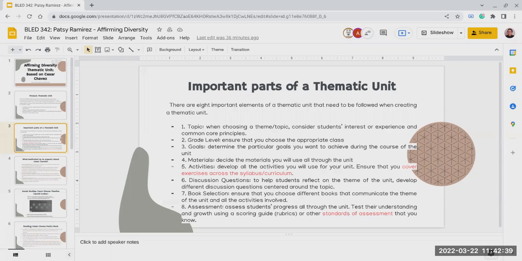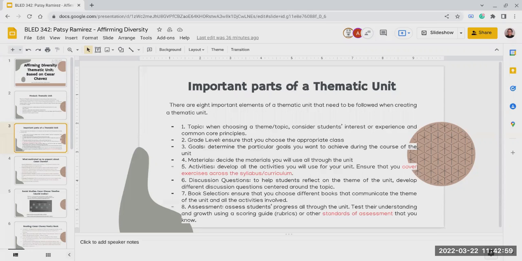Second, it would be choosing a grade level to ensure that you choose the appropriate class. Third would be goals, determining the particular goals you want to achieve during the course of the unit. Fourth, materials, so any materials that you might need.